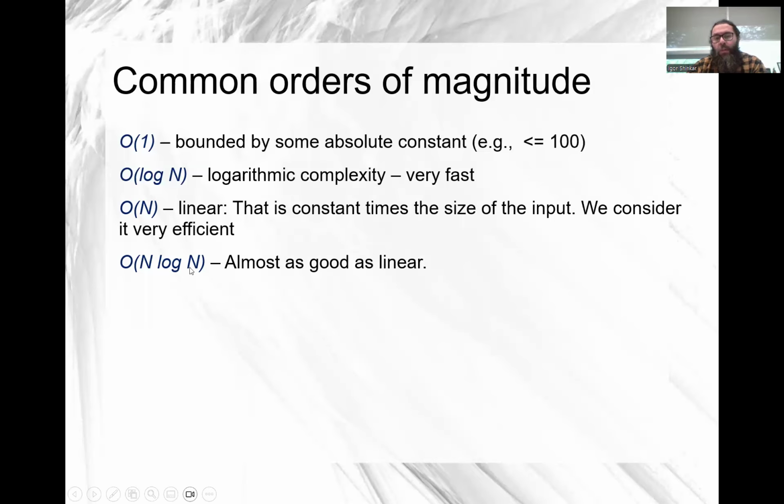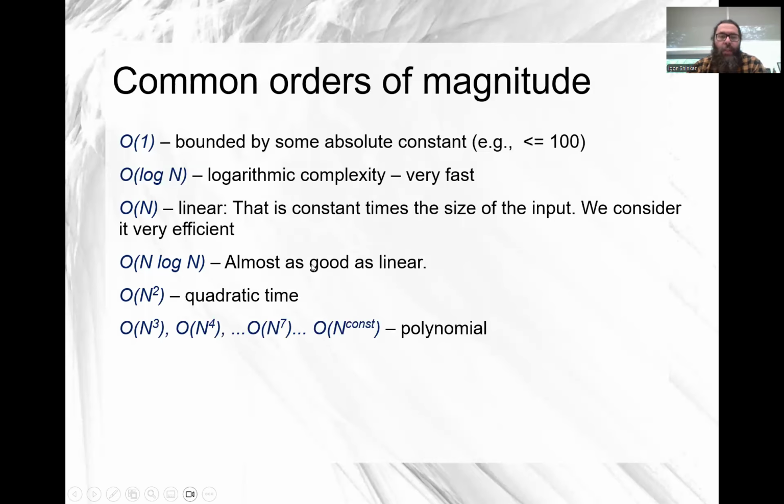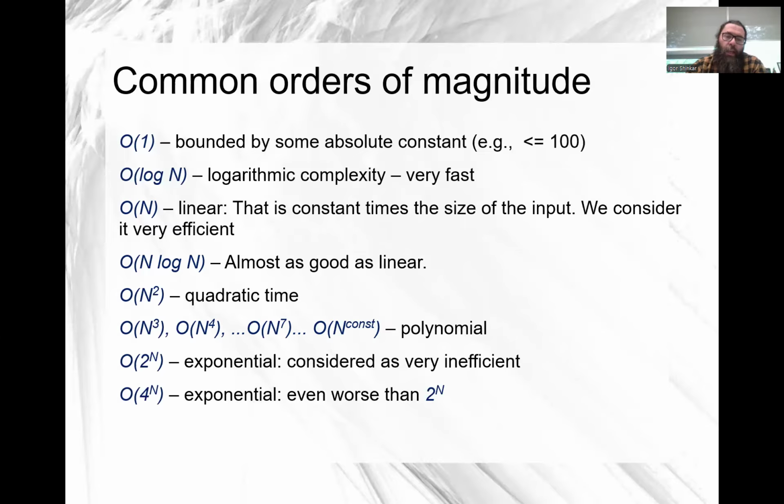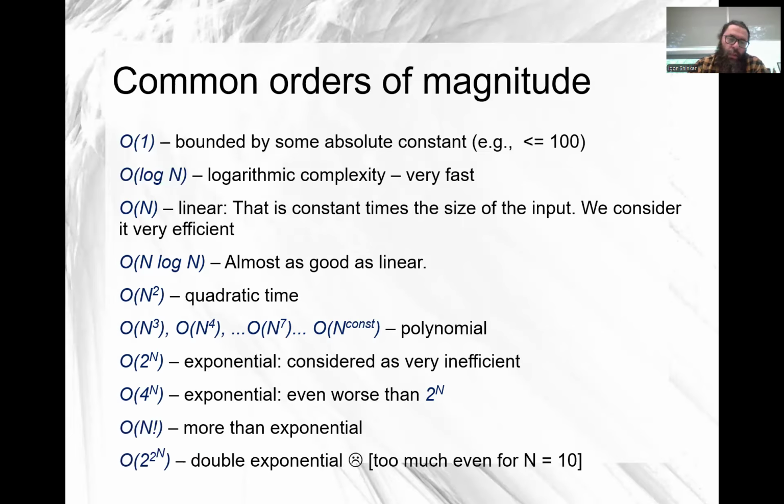So n log n is almost as good as linear, and then this n squared, and then to the fourth, and then to the seventh, and then there is exponential in n, and it depends on the base of the exponent. So 4 to the n is even worse than 2 to the n, and n factorial is even more, and so on.